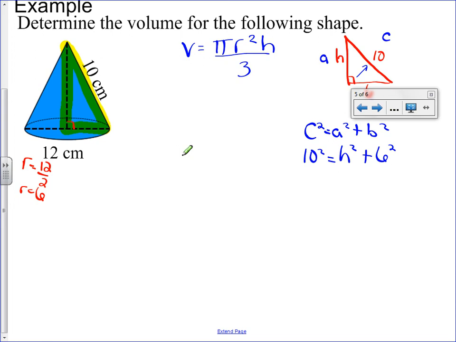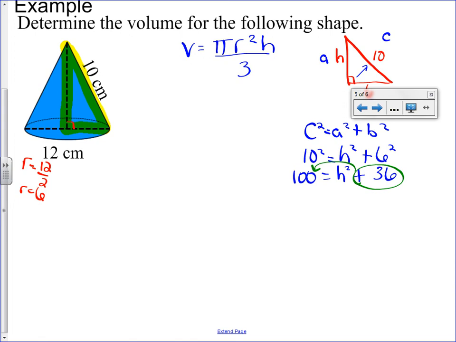I got to simplify that. So do this math, 10 squared. Good. Equals h squared, can't do anything, plus 6 squared. Good. Okay, Nick, what would I do next? I need to figure out this height. So what do I got to do? H is on this side, so I want to get h by itself.